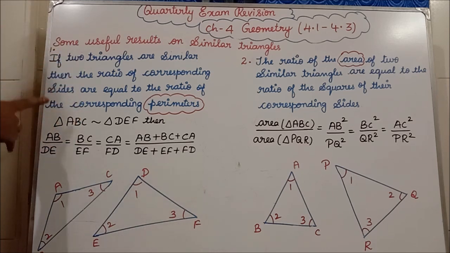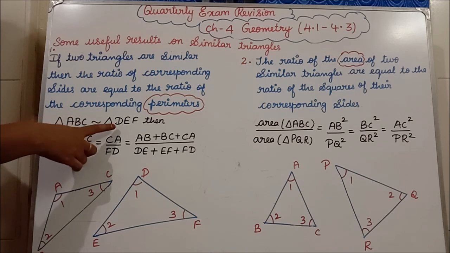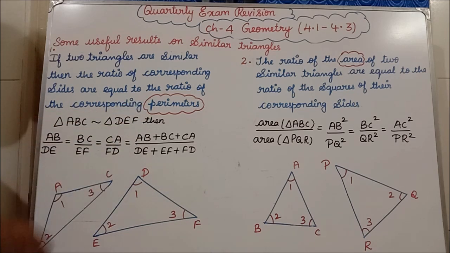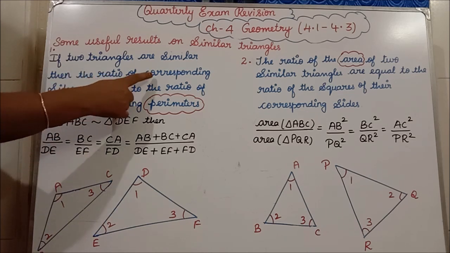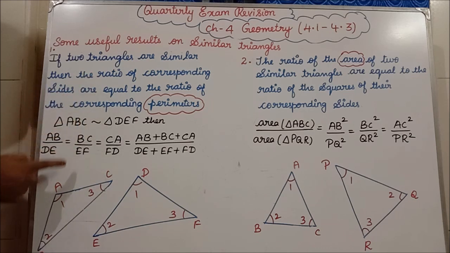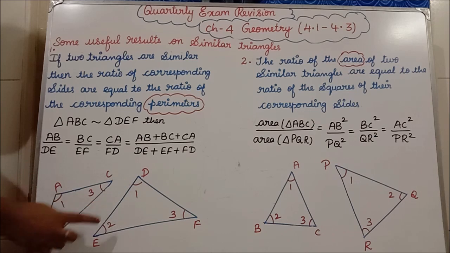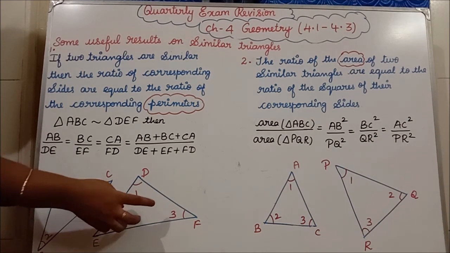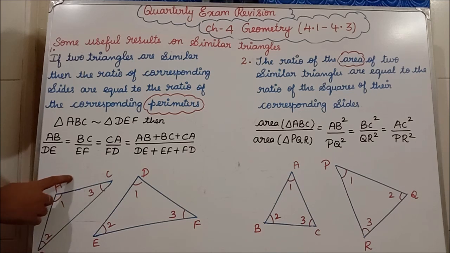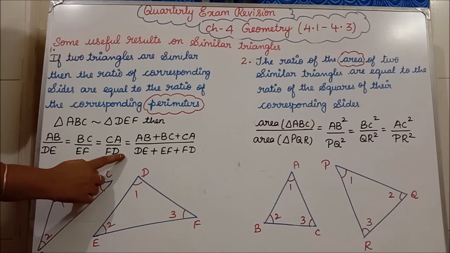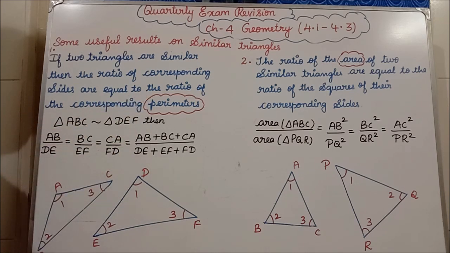Now see, triangle ABC is similar to triangle DEF. Then how can we write the perimeters of these two triangles? What they are saying is the ratio of corresponding sides. For AB, the corresponding side is DE. Similarly, for BC, the corresponding side is EF. For CA, the corresponding side is FD. So this is equal to the ratio of the corresponding perimeters.